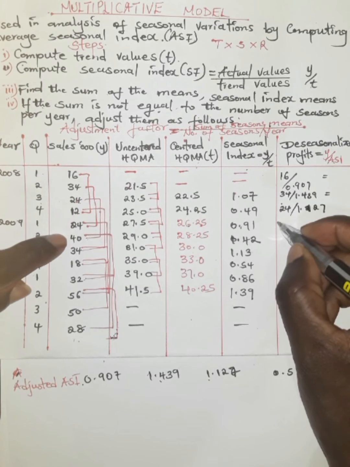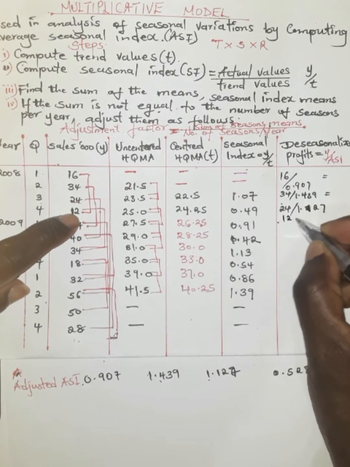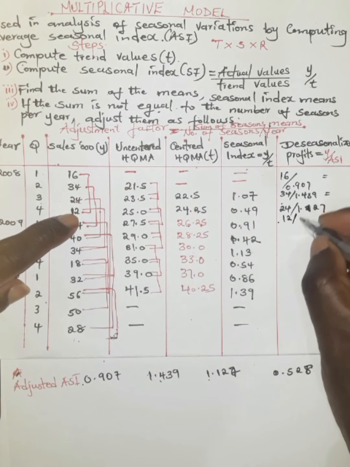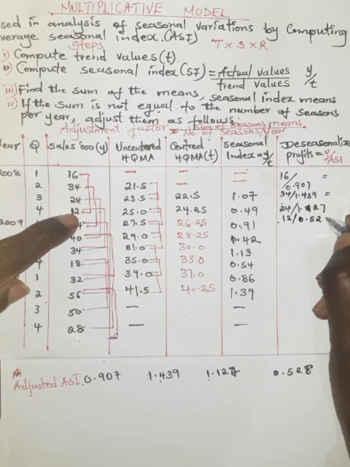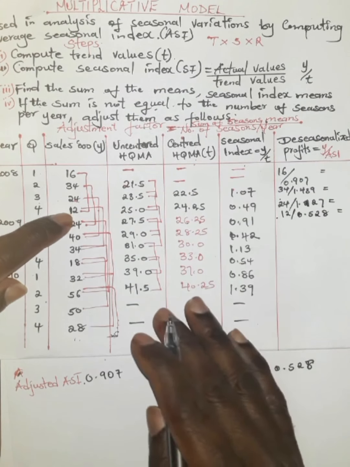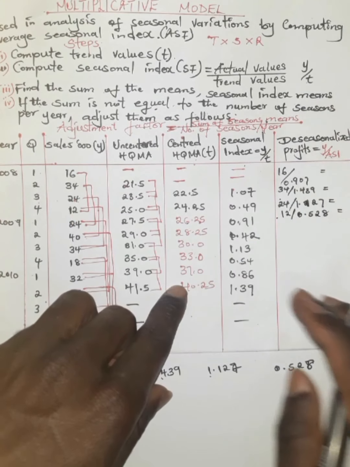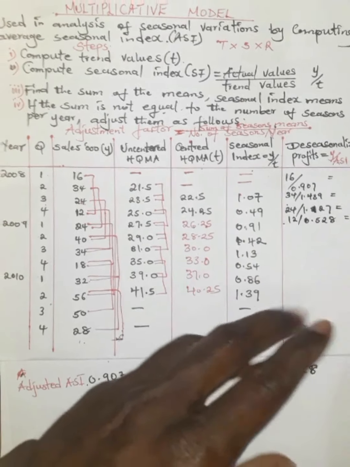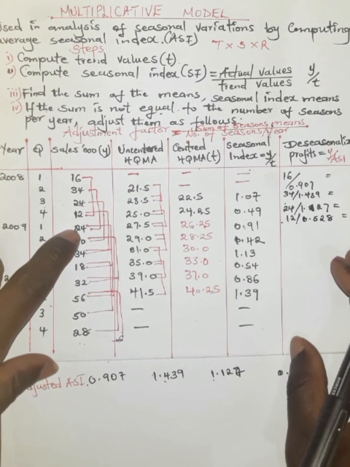Then the last one should be 12 divided by this one, 0.528. You get the answers which are going to be computed. I want you to compute the answers for me kindly, so they can follow that procedure.